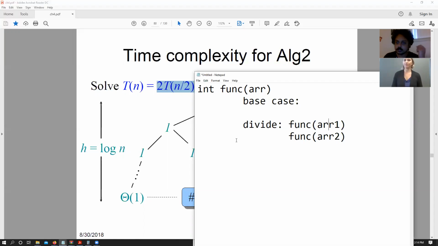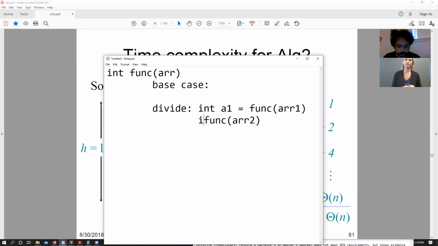Let's say these two function calls return a single integer each, int A1 and int A2, right?